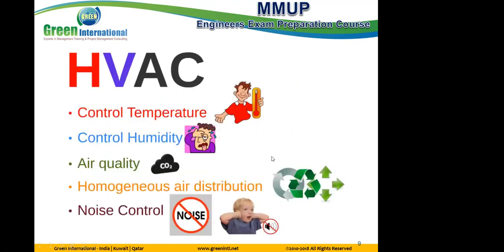HVAC. What are the main objectives of HVAC? Actually, HVAC is prepared to control temperature, control humidity, air quality, homogeneous air distribution, and noise control, all under the HVAC umbrella.